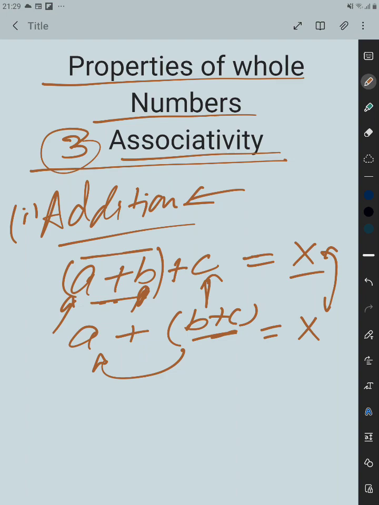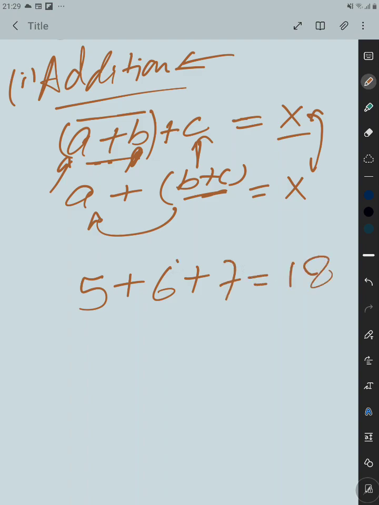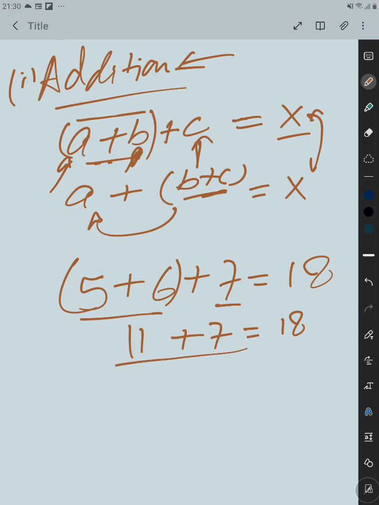Let's start by taking some examples of addition. Take 5 plus 6 plus 7. If we associate the first two, 5 plus 6 is 11, and plus 7 is 18.